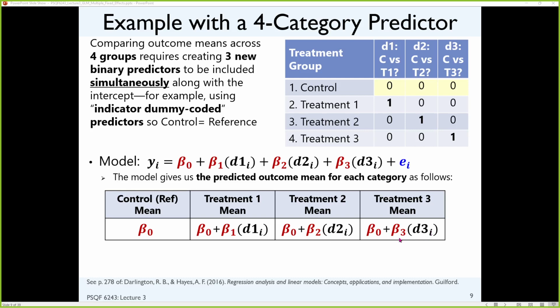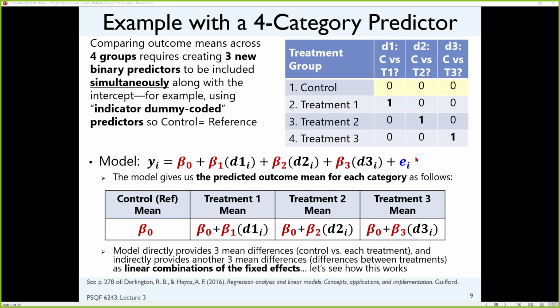So you can kind of think of these as switches. So in this 4-group scenario, I have 4 fixed effects. I'm going to get one of the means, and I'm going to get 3 of the potential mean differences directly.